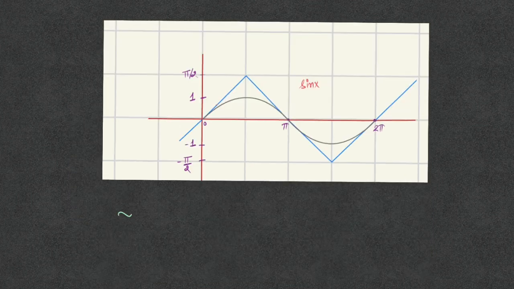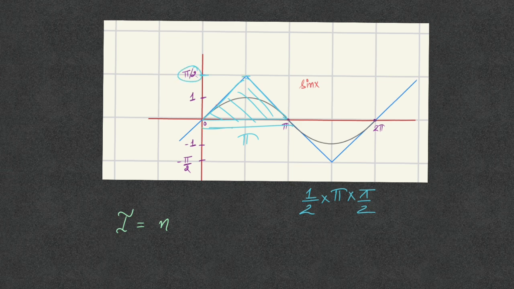So the value of the integral will be I is equal to n times, because n was already there. First of all, let's find the area from 0 to π. From 0 to π we can clearly see this is a kind of triangle, and the area of this triangle is half into base into height, which is half into π by 2, because from 0 to π the base is π and the maximum value here is π by 2.